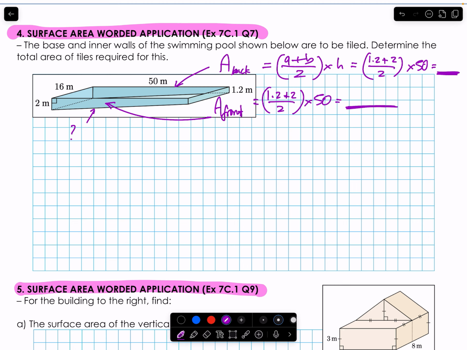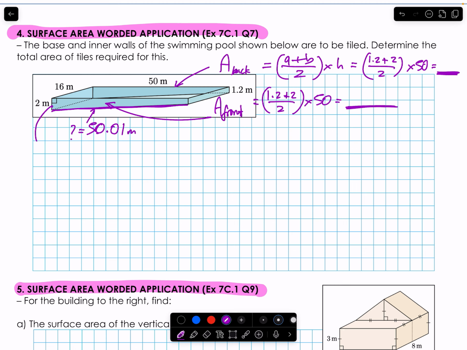Yep, so this long side here that forms the base of the swimming pool is going to be 50.01 meters long, which you'll need to find the areas of it.